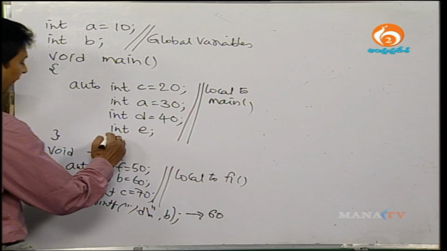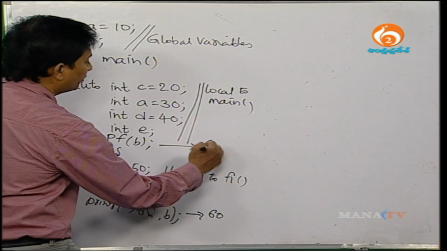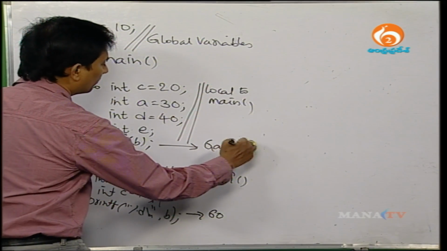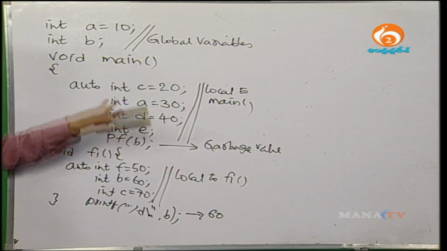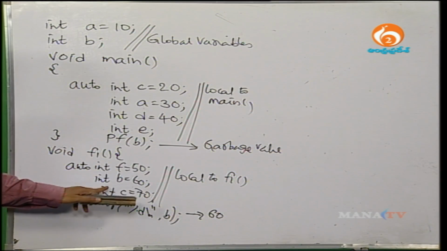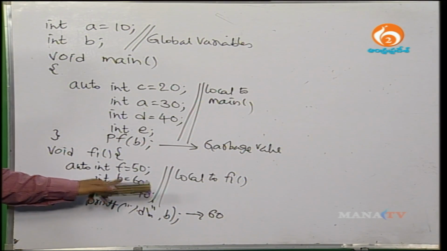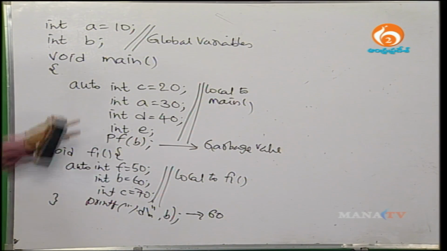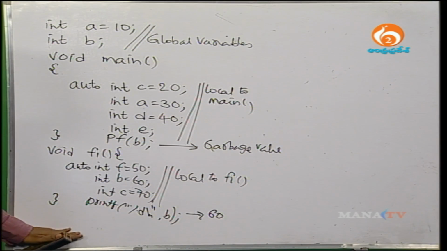Here printf of b means I will get a garbage value, because b is visible in the main function. Here also visible, but local gets higher priority than global. So this is the example. Here b and a are visible throughout this program.